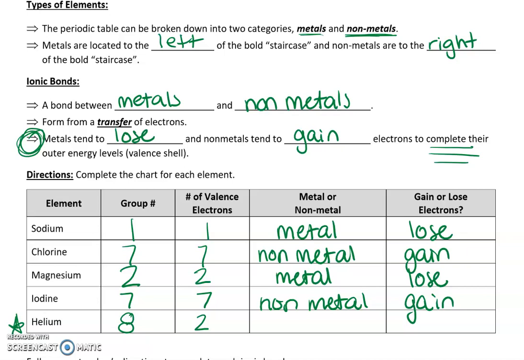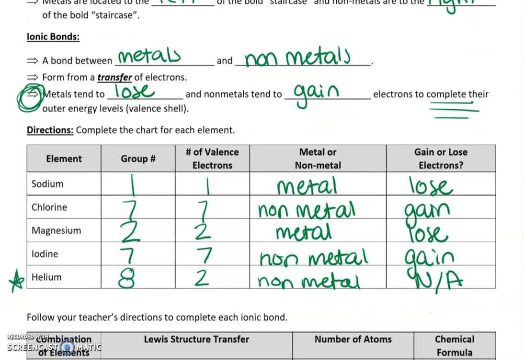If you were to form a Bohr model for it, it only has 1 energy level, and that energy level holds 2 valence electrons, so it is full. So even though it is a nonmetal, it is not going to gain or lose any, because it is in group 8.